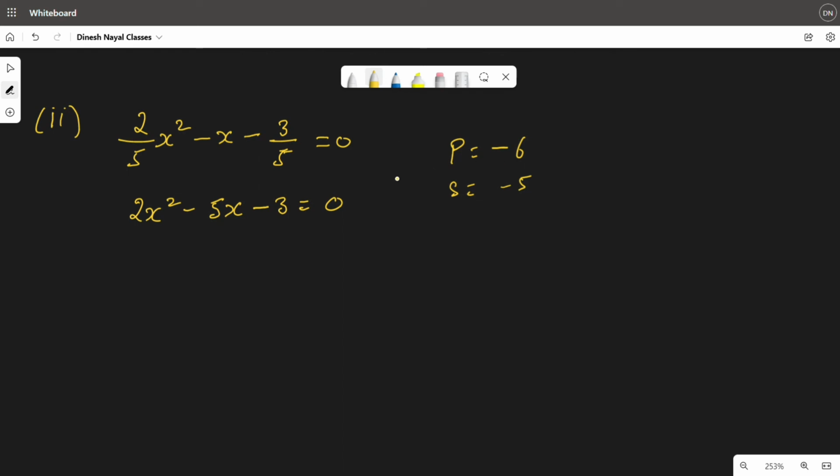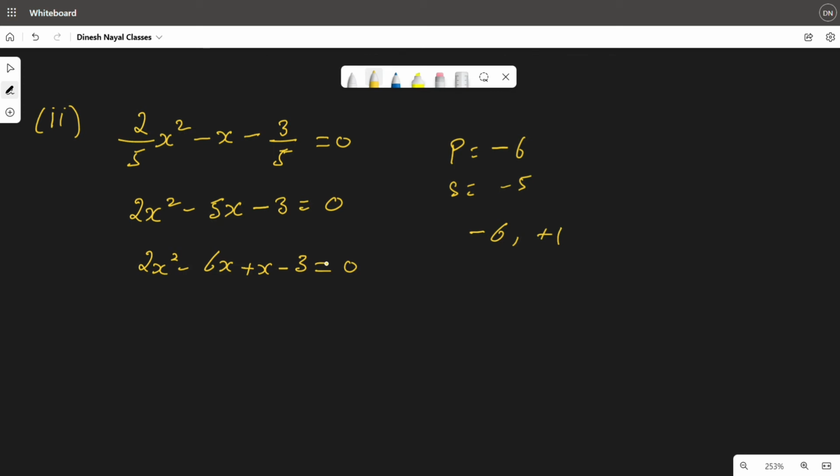So we can take minus 6 and plus 1. As you can see, the sum of these two will be minus 5 and the product of minus 6 into 1 is minus 6. So splitting the middle term, 2x square minus 6x plus x minus 3 equals 0.